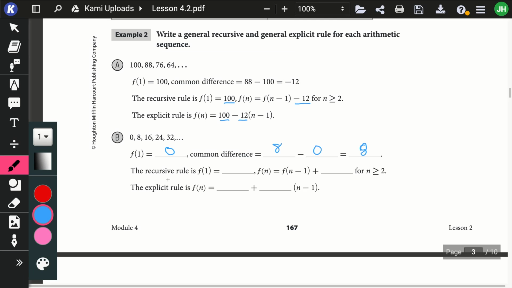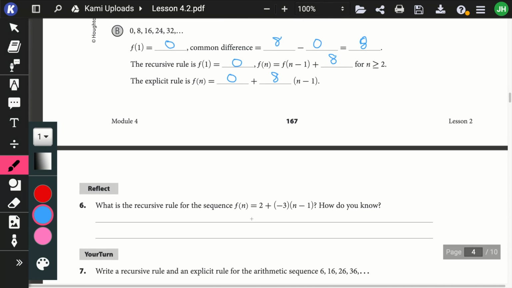So the recursive rule is going to be f of 1 equals 0. f of n equals f of n minus 1 plus 8, for n greater than or equal to 2. The explicit rule, f of n equals 0, the start value, plus 8 times n minus 1.